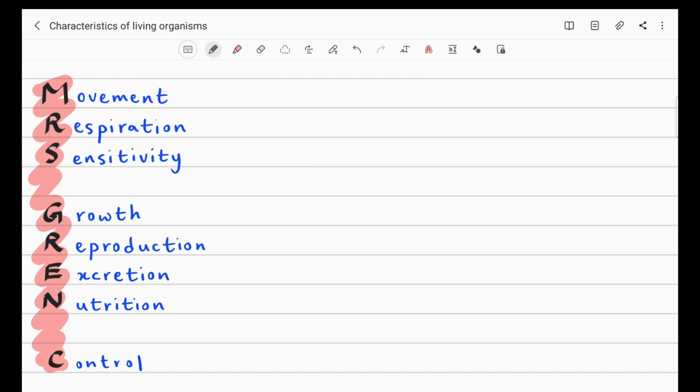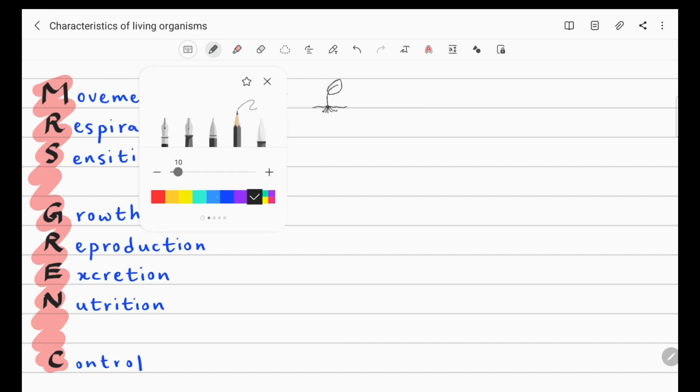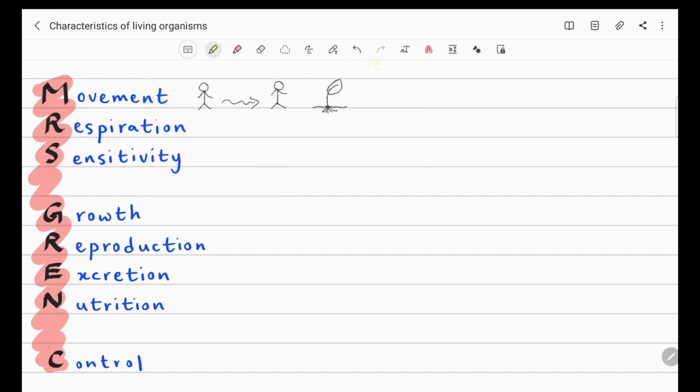Movement is basically the action of an organism that causes a change of position or place. For instance, we know that humans can move from one place to another. This is an example for change in place. Whereas plants, we know that they move towards the sunlight because they want the sun in order to photosynthesize.